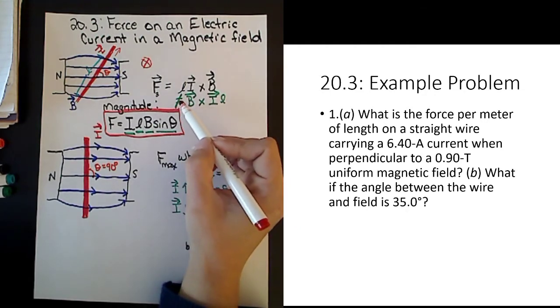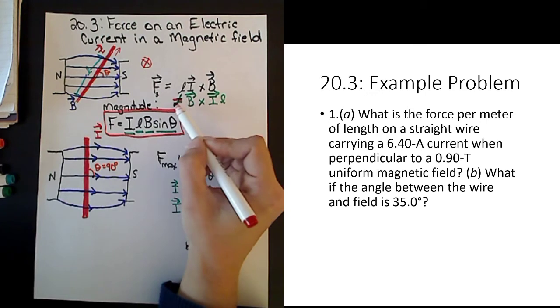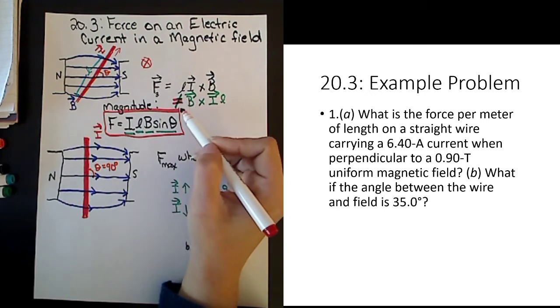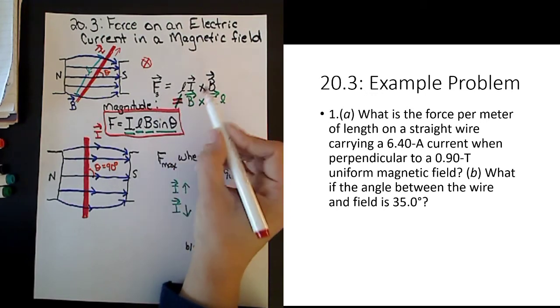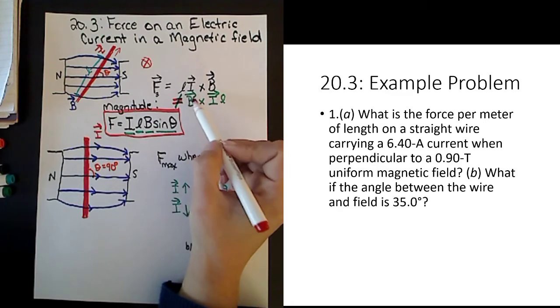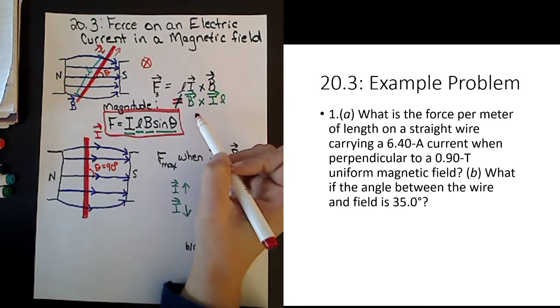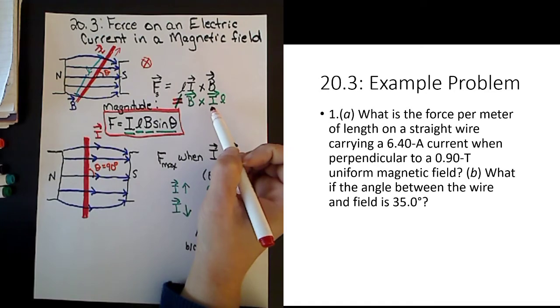So the other thing to remember, and this becomes important when you are determining the direction of the resultant force vector, is I cross B does not equal B cross I.